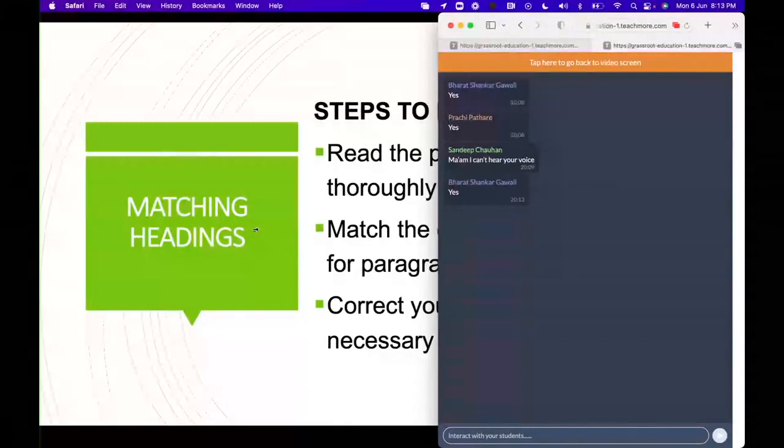Okay, quick poll. How do you want to do it? Do you want me to discuss answers after every paragraph, or do you want me to discuss answers in the end? Quickly tell me, all the six of you. Parveen, Prachi, Sandeep, Bharat. Answers in the end or answers after every paragraph? Samriddhi. Sana.